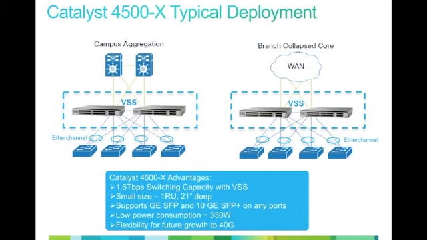A typical deployment in an aggregation solution would be using the VSS feature that's coming later this year. Now the VSS, or virtual switching system, means that you can take 2 switches and combine them to act as 1 switch. And what this does is this shares a common control plane between the 2 switches, but offers the data plane of both switches.